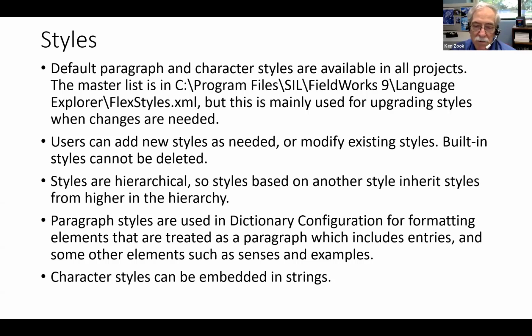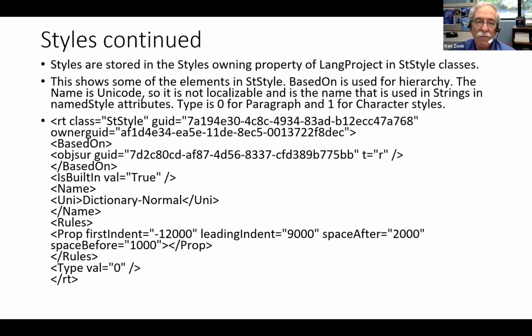Paragraph styles are used in dictionary configuration for formatting elements that are treated as paragraphs, which include entries and some other elements such as senses and examples, depending on how you format your entry. Character styles can be embedded in strings. Styles are stored in the Styles owning property of LangProject and the StStyle class.